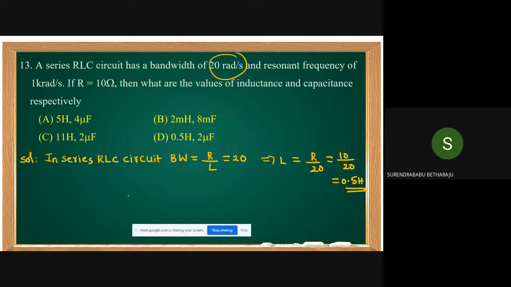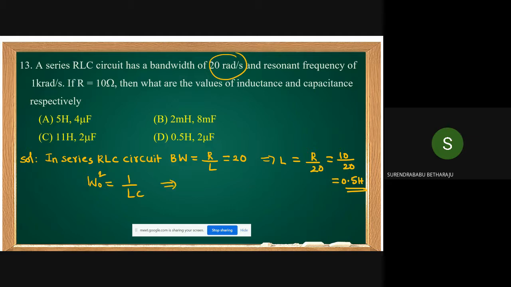The formula is omega naught equals 1 by root LC. Omega naught is 1 kiloradians per second, that is 1 into 10 cube, equals 1 by root L into C. I'm squaring both sides, so directly I'm writing omega naught square equals 1 by LC.